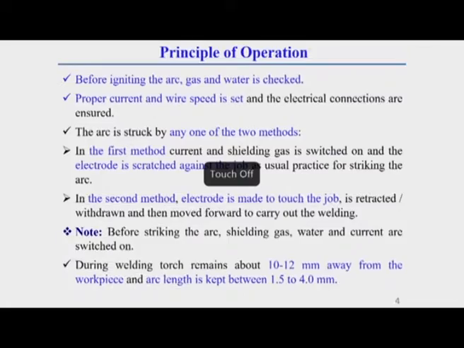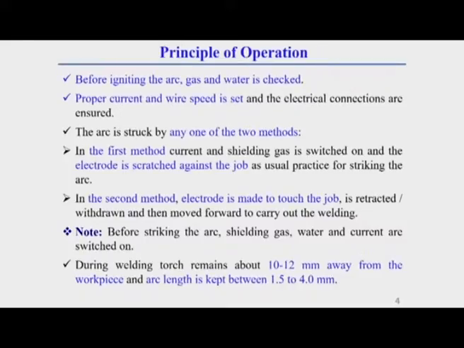Now, we will go to the principle of operation, that means how it is operated. What are the different steps we should follow during this welding process? That I will now discuss. First of all, one thing you should know: before igniting the arc, we have to check the gas and water.